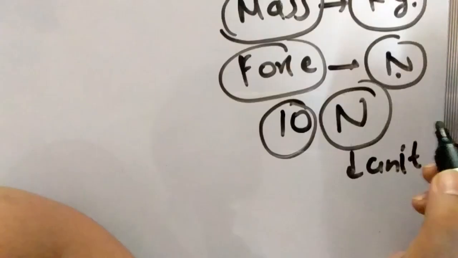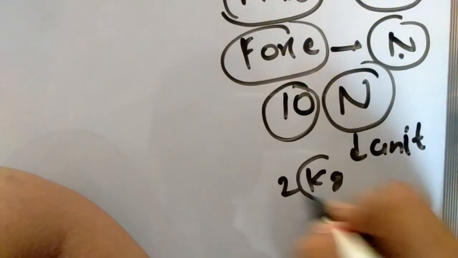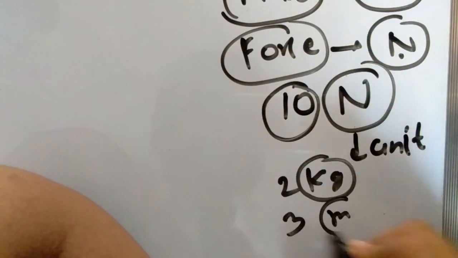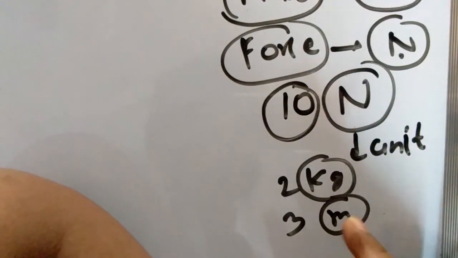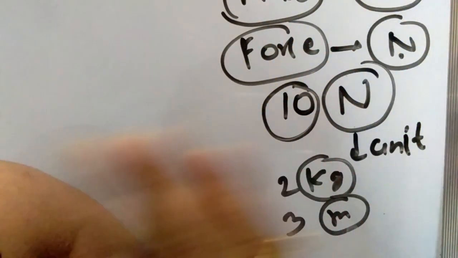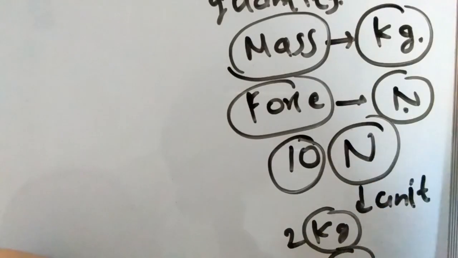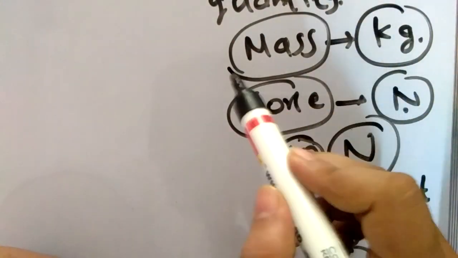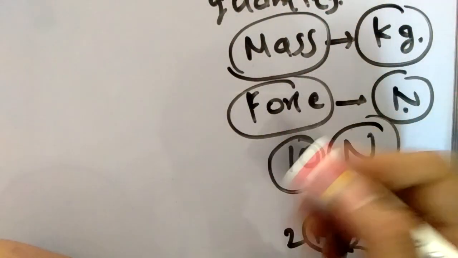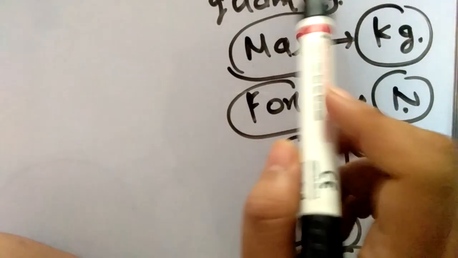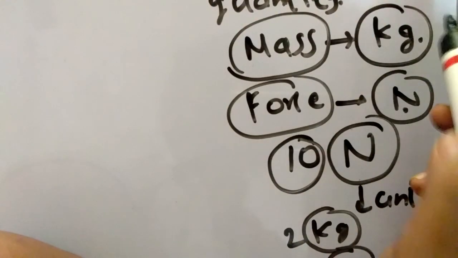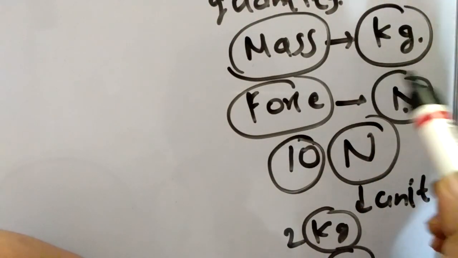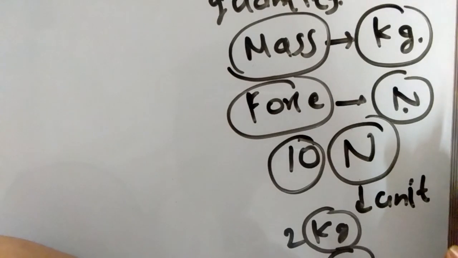Or I will write 2 kg, so kg is unit. 3 meter, so meter is unit. Kg, meter, Newton, all are units. And physical quantities means like mass, force or acceleration, velocity, all that are physical quantities, and respective kilogram, Newton, gram, all that are units. Now we will move further.